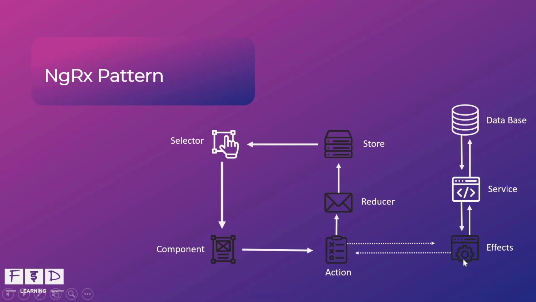And lastly, effects handle side effects like API calls, ensuring a predictable and scalable state management process. So this life cycle ensures that state changes are predictable, making it easier to manage complex applications and debug issues. With this, we have covered the basics of NgRx.